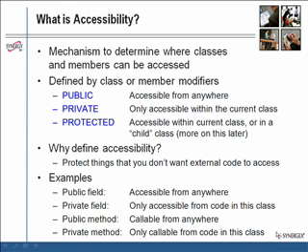Another concept that you need to know about when using OO techniques is that of accessibility, which provides a mechanism to hide class members from the outside world. Each class member can have accessibility specified. Public accessibility means that that member can be accessed from anywhere without restriction. Private accessibility means that the member can only be accessed from within the same class, and it's not accessible from anywhere else.